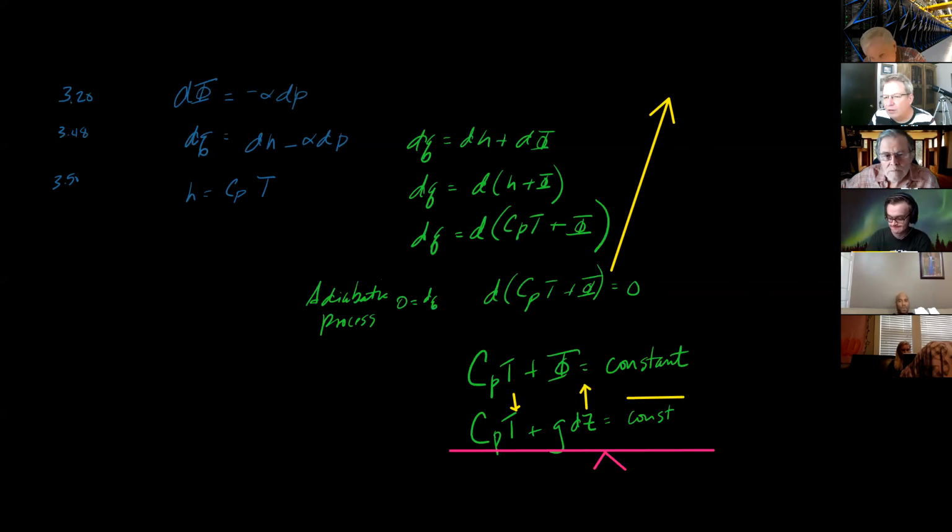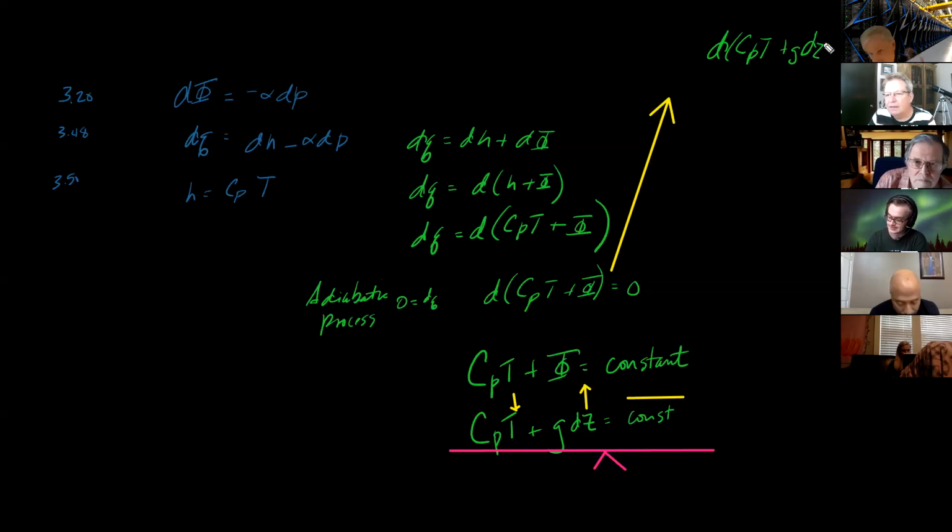And I'm going to take this information, and I'm going to go d(CpT) plus g, I'm sorry, dz equals 0.